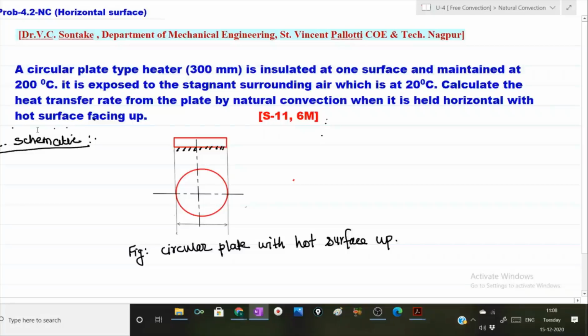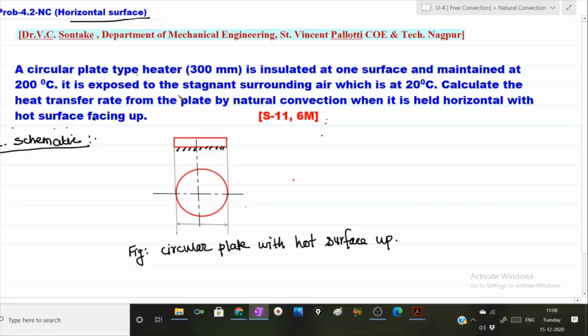So in this video lecture, I am going to discuss problem 4.2 on natural convection, and this problem is particularly discussing heat transfer rate from horizontal surface. So the problem statement goes like this: a circular plate type heater 300 mm in diameter is insulated at one surface and maintained at 200 degrees Celsius.